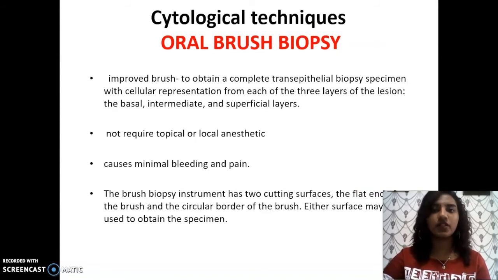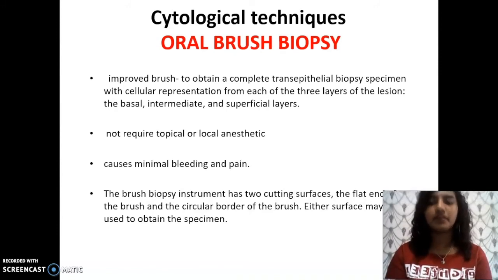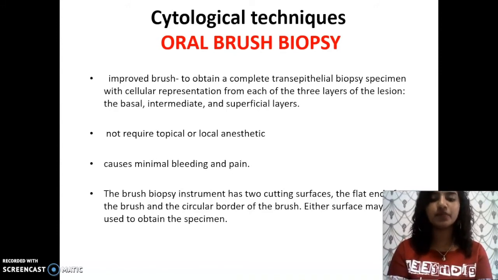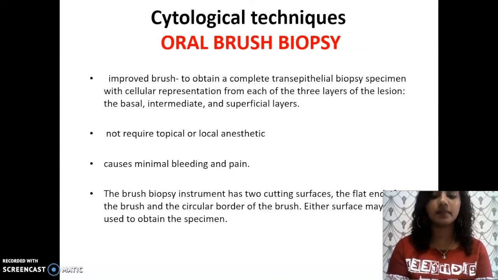Moving on to cytological technique, which is oral brush biopsy. This biopsy method utilizes an improved brush to obtain a complete transepithelial biopsy specimen with cellular representation from each of 3 layers of the lesion: the basal layer, intermediate, and superficial layers.